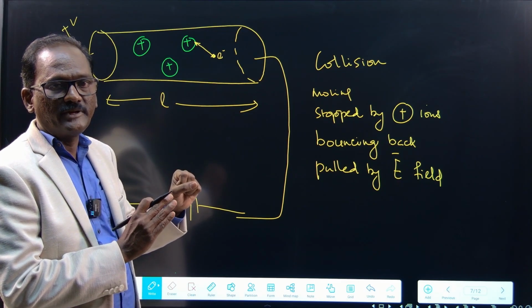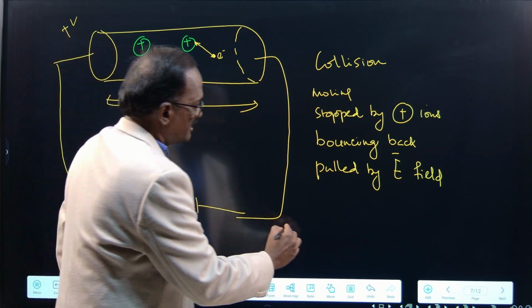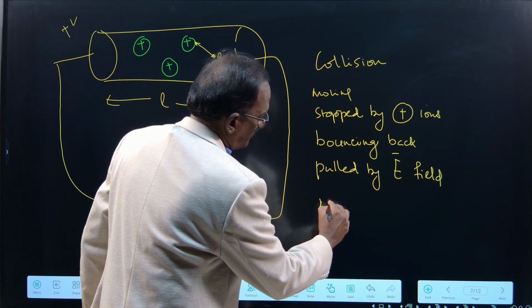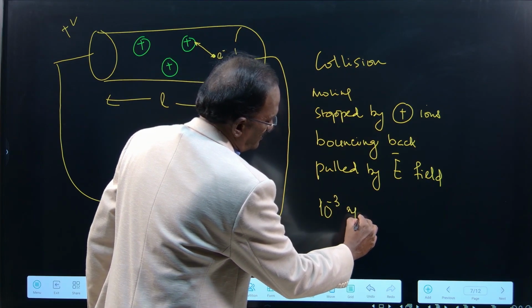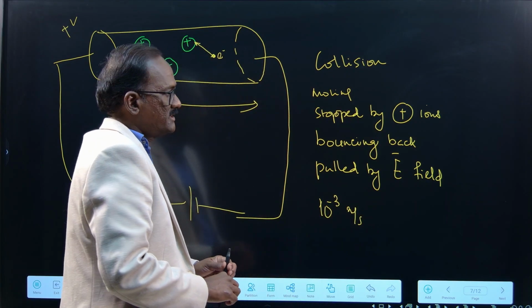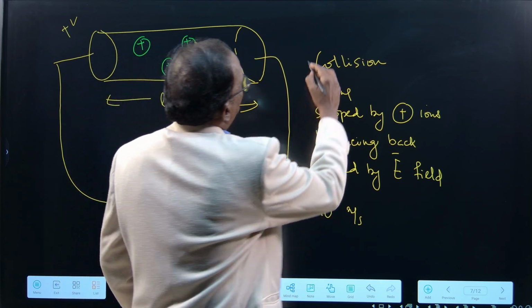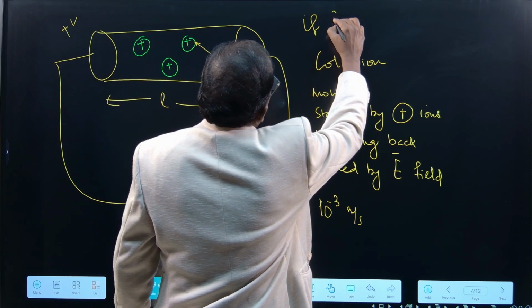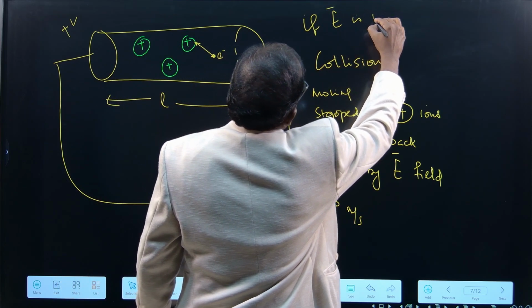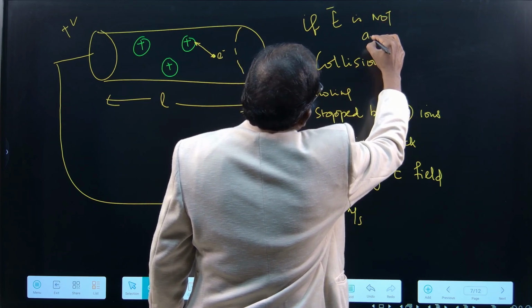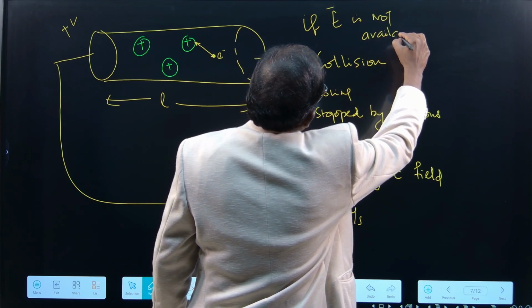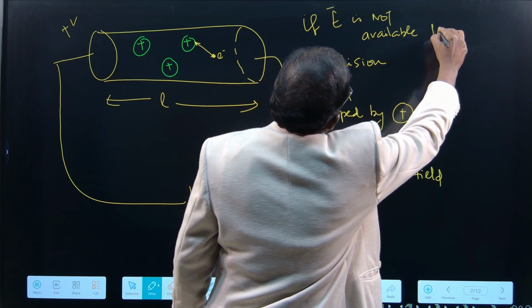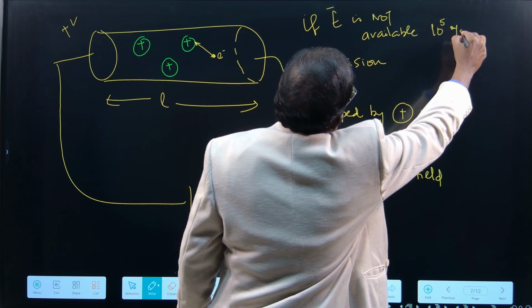So this phenomenon is happening all the time. That is why its speed is reduced, in the order of 10 to the power minus 3 meter per second. If the E field is not available, this is 10 to the power 5 meter per second.